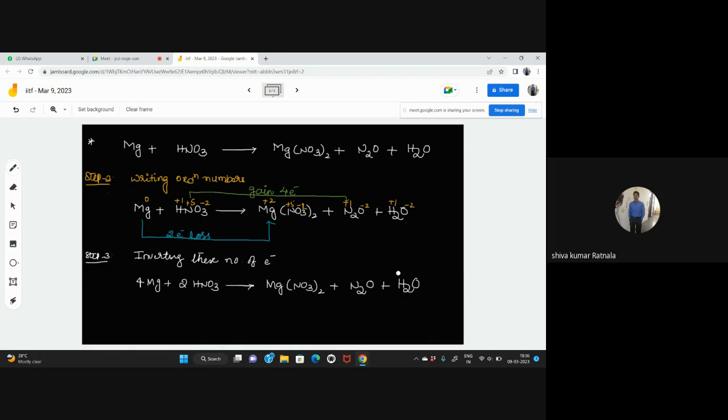Now what do we need to do? Balance all the atoms except hydrogen and oxygen. It is just normal balancing, the normal hit and trial method.